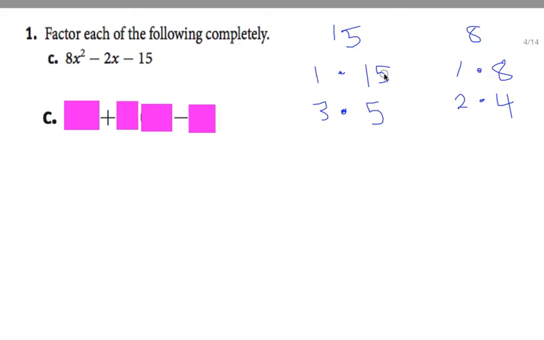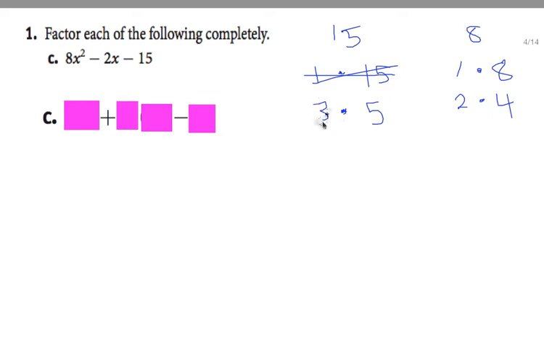We just got an 8, and then a -15 times 1 gives us -15. Well, -15 plus 8 does not give us -2, so that combination won't work. If you tried it with the 2 and the 4, it's also not going to work there. So most likely this combination is not going to be used at all.